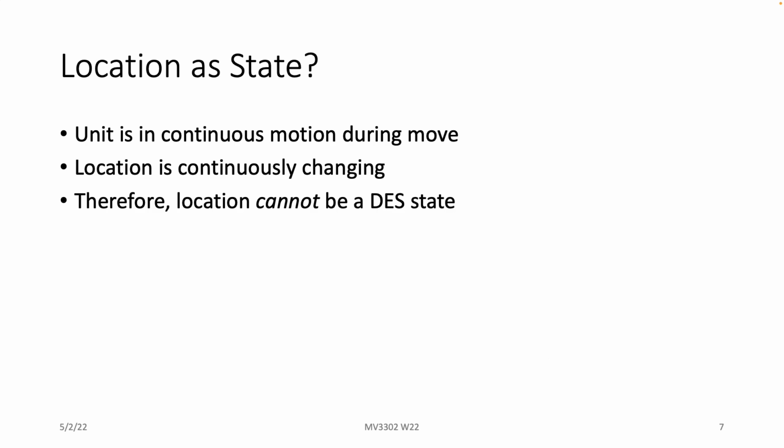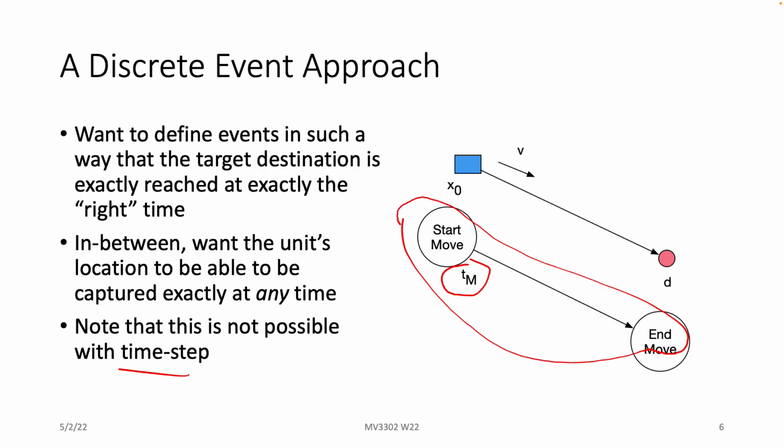So here's the conceptual issue which comes up when you live in a time step world. You're thinking of your location as the state, and that's embodied in the last comment.